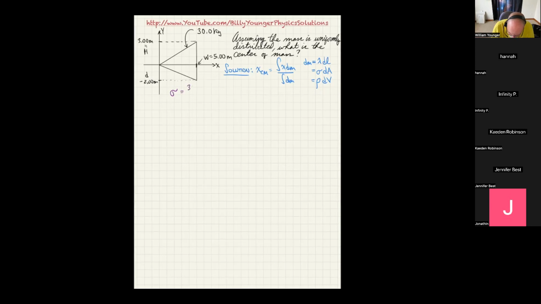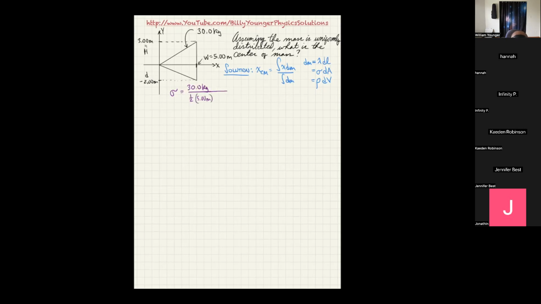It would be 30.0 kilograms divided by 1/2 base times height. You might not be able to notice it here, but for the base, we might say the base is that distance that goes from -2 all the way to 3. So that would be 5.00 meters.